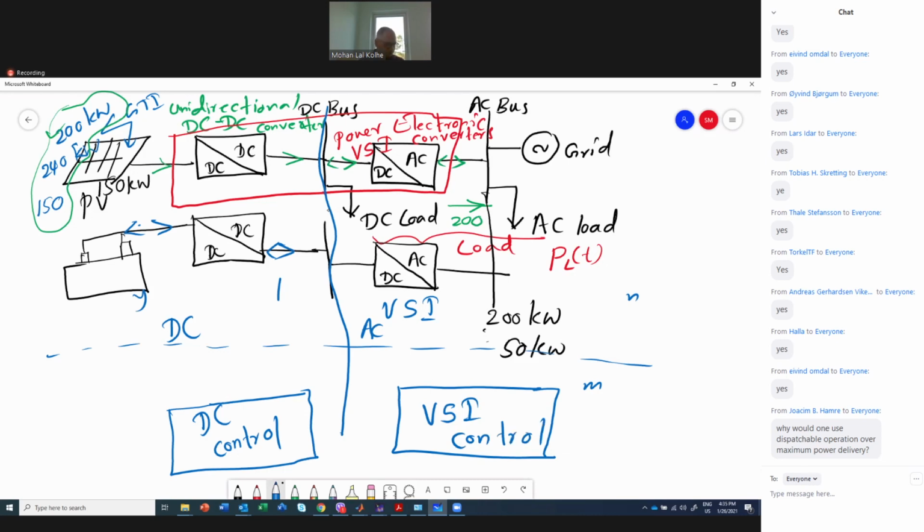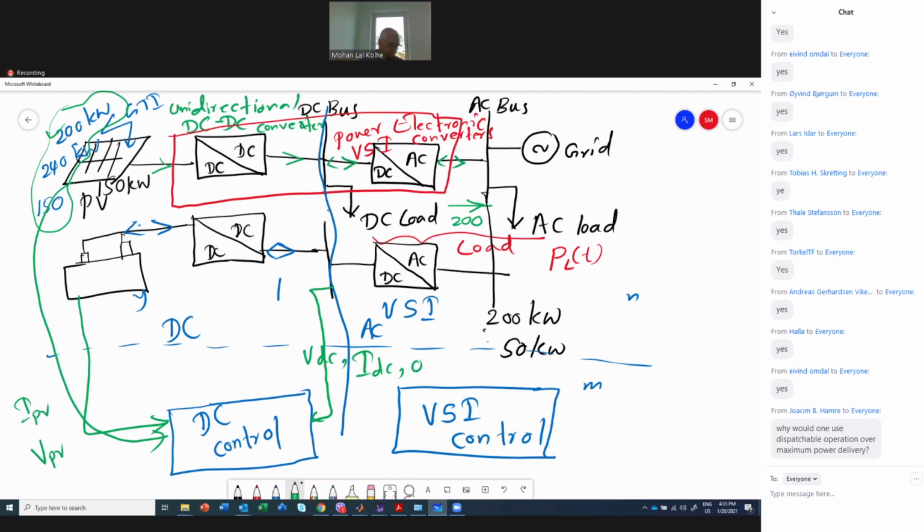To this control system, usually we take the parameters of this VDC and IDC output, and some parameters here also, maybe IPV, VPV, I battery, and V battery.